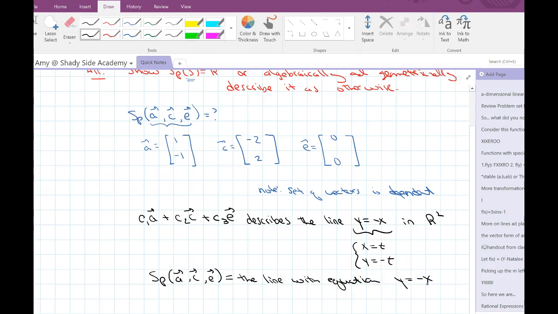Not too worried about using set notation here. I think the answers in the back of the book use set notation. I am not. All right, let's try another one just so you get a feel for how questions could be asked. Let me pick one here from the homework and we'll do it.